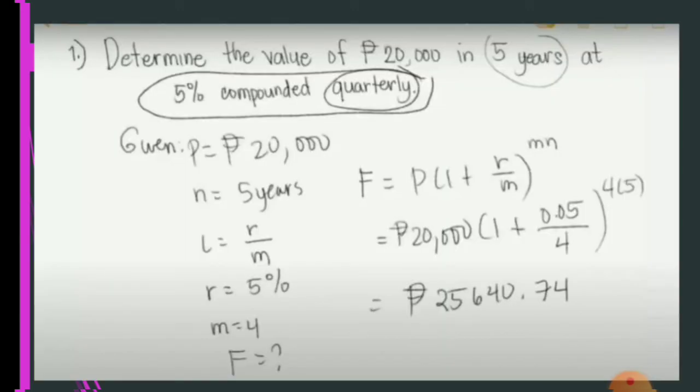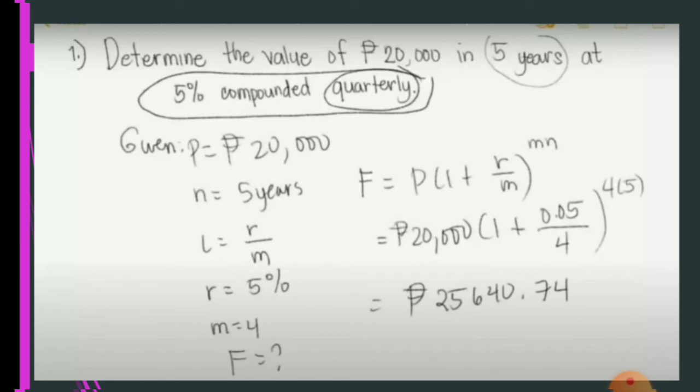So, my example is determine the value of 20,000 pesos in 5 years at 5% compounded quarterly. So, my given is P. Ang P natin is 20,000. Yan na yung principal. Ang N natin is number of years, 5 years.